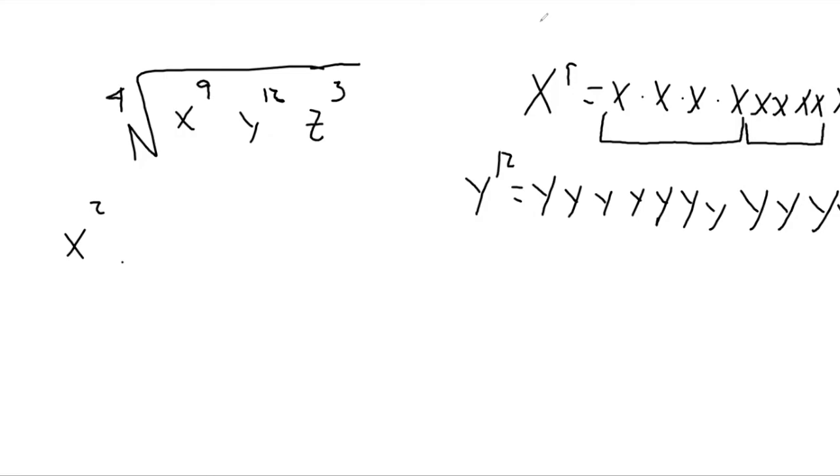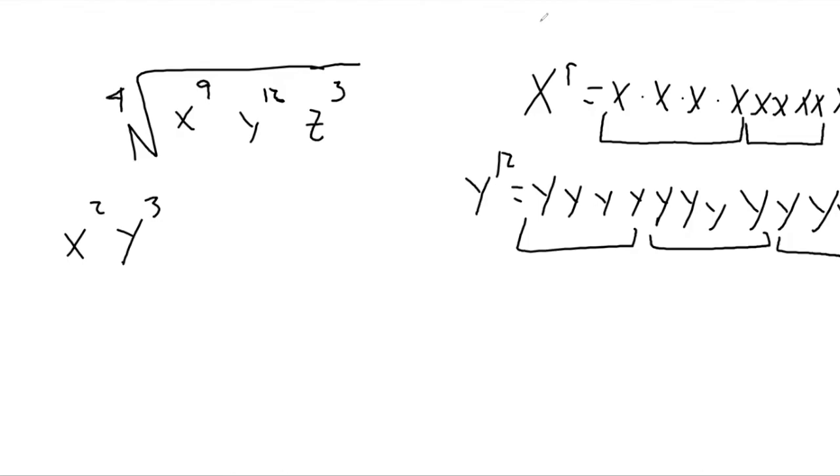So here's a group of 4, here's a group of 4, and here's a group of 4. Notice how we have 3 full sets of y's. So we're going to end up with y to the 3rd.